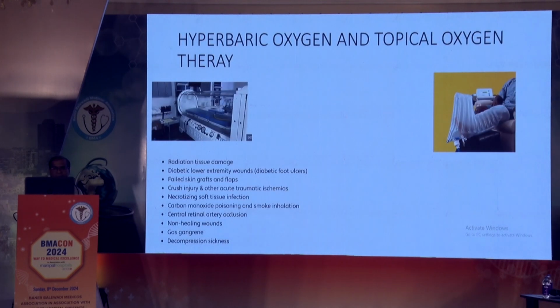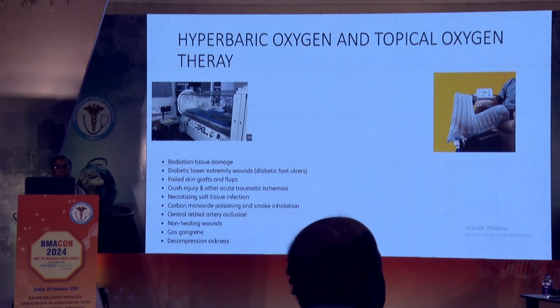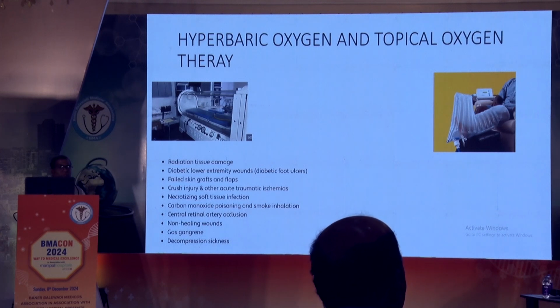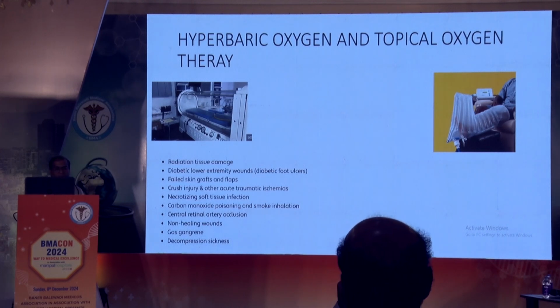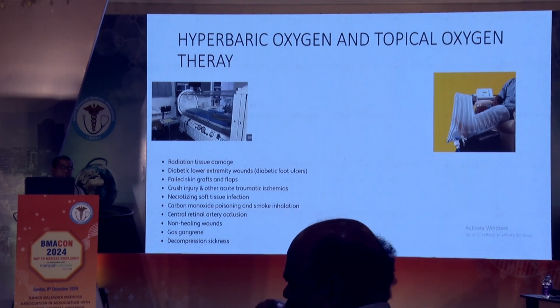Hyperbaric oxygen and topical oxygen. We know that in most chronic wounds the hallmark is low oxygen tension at the wound site, and because of that all the cascades of chronicity will start. So how to overcome that? The solution is the hyperbaric oxygen chamber.